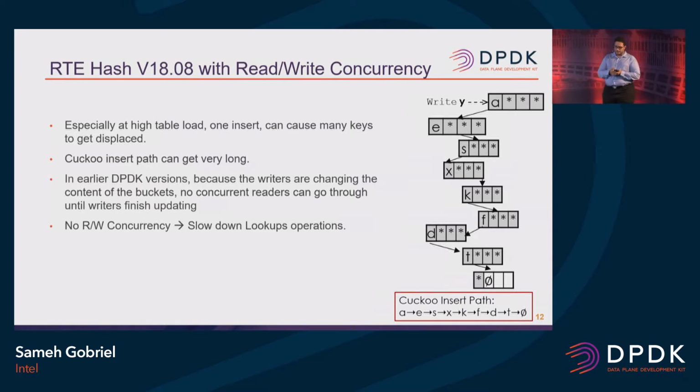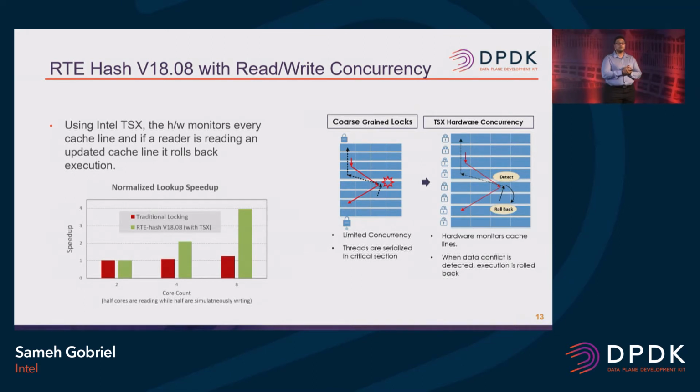That's before 18.08. For 18.08, we implemented read-write concurrency, which means that instead of using coarse-grained locks for the library and preventing all the lookups from going on, we used TSX, which is an Intel hardware feature, Intel transactional memory, which basically has fine-grained locks implemented in hardware.